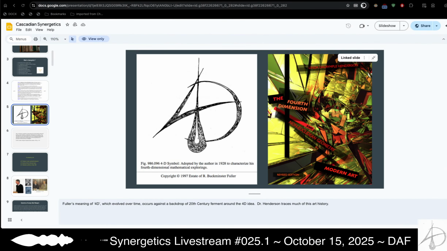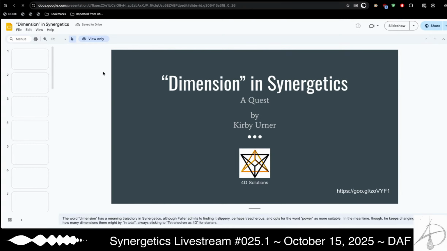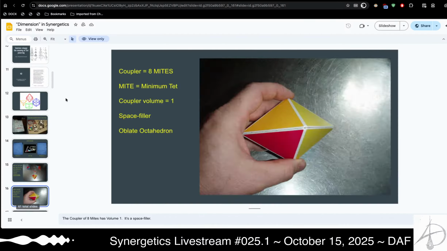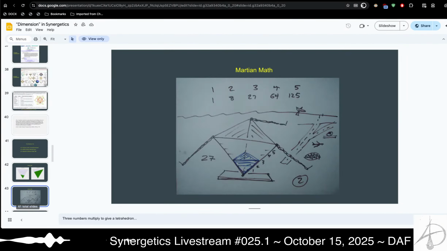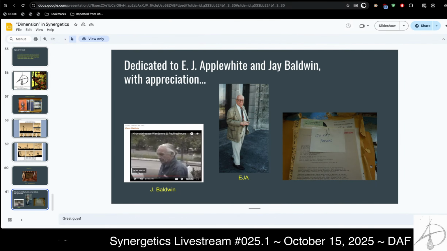It's a great image. It's a timeless image, fun to use. And here's ways that even more recently and in the decades since, we have all of these explorations, and there's deeper aspects to go into with how dimension is being used. And so this topic of dimension in Synergetics is going to come up today as well.